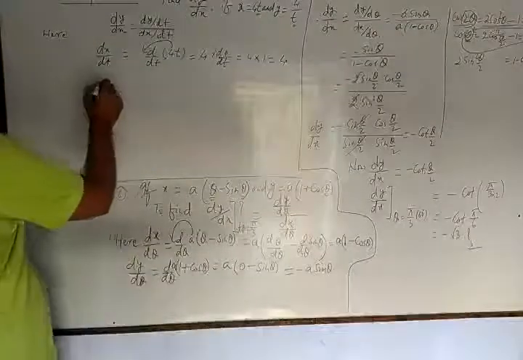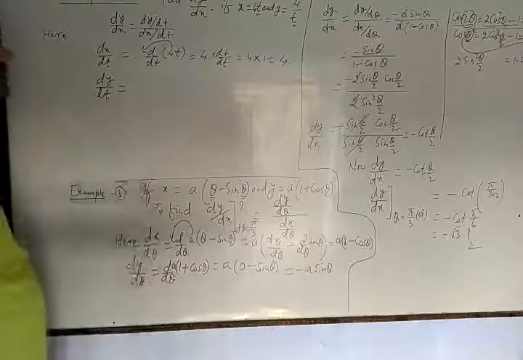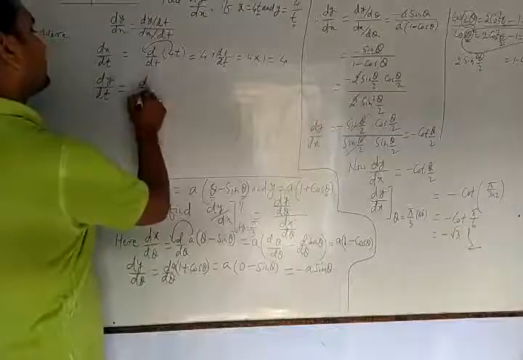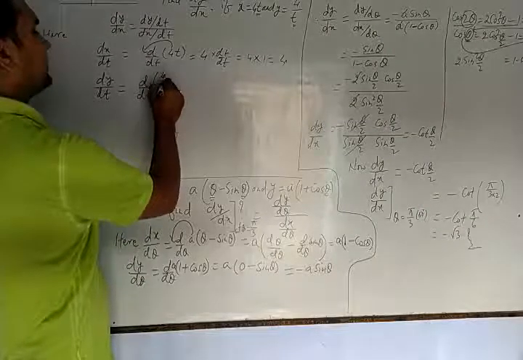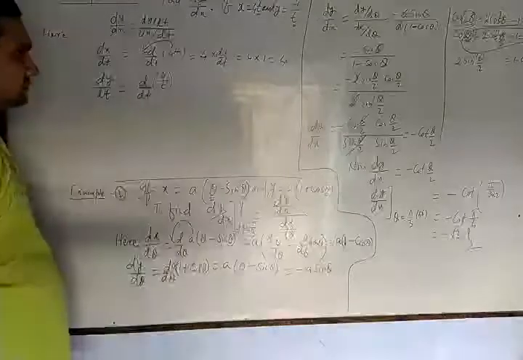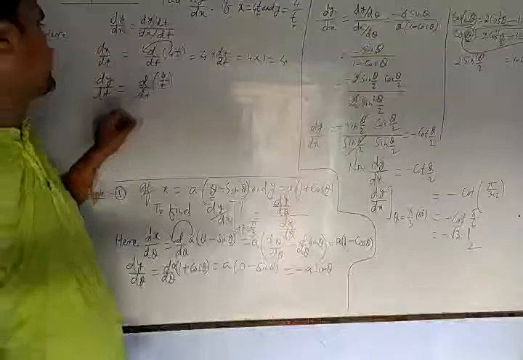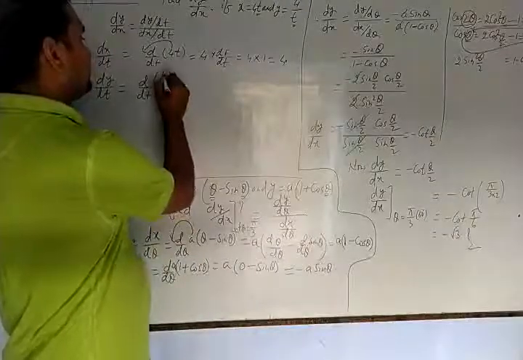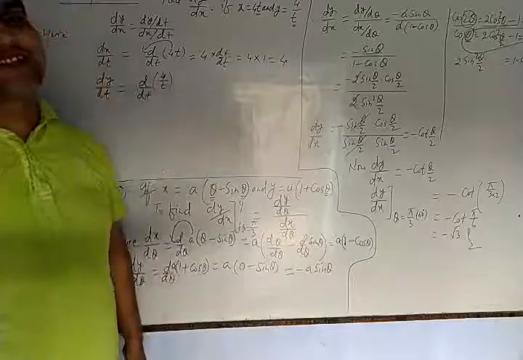And dy by dt will be what? d by dt of 4 by t. So what students do there, that mistake, they write 4 by t means 1 by t is there, and they write its differentiation as log t.